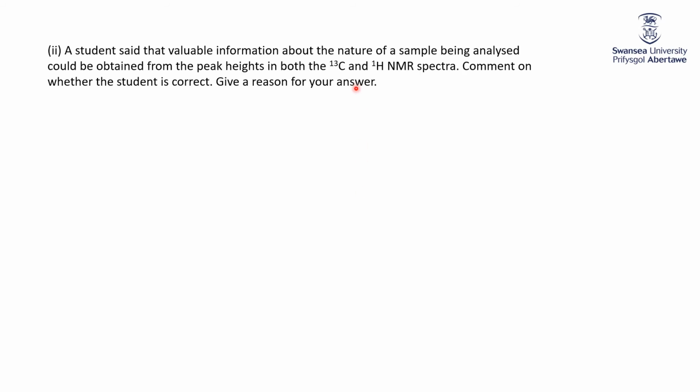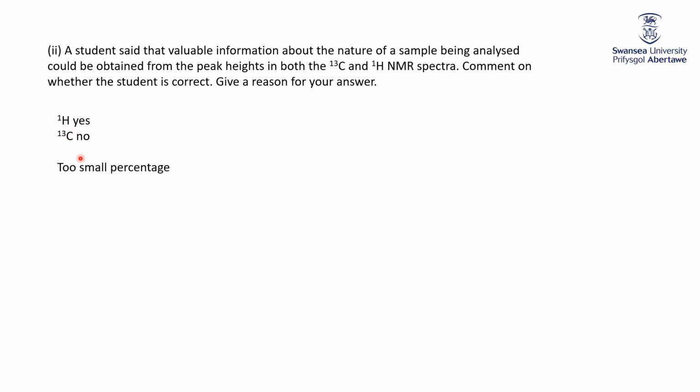A student said valuable information about the nature of the sample can be obtained from peak heights in carbon-13 and proton NMR. Is the student correct? No. Correct for the proton NMR, as we've applied so far. Generally incorrect for the carbon-13. Now, when I went through the NMR worksheet separately from this, I pointed out that there are some spectra where you can look at where you've got two types of carbon and you've got two of one type and one of another type, that the peak heights are bigger, but it's really not something to rely on.